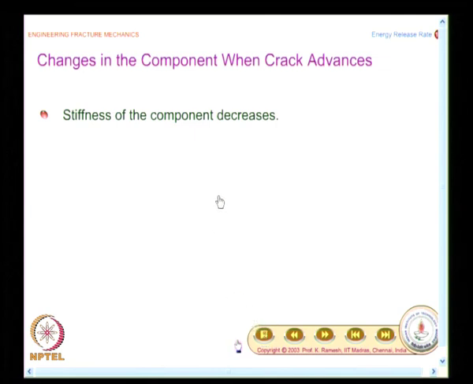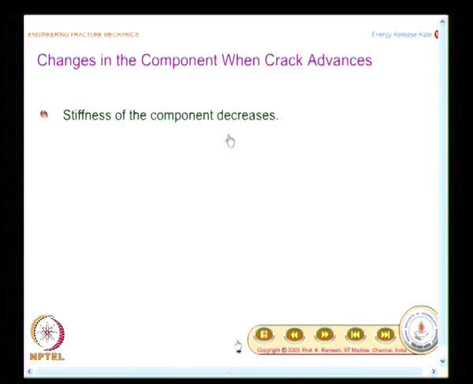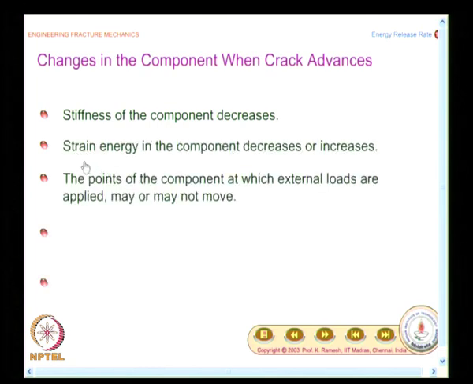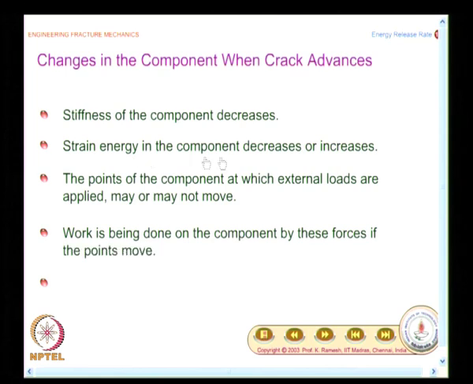Now, what we will look at is what are the changes in the component when crack advances. Stiffness of the component decreases, very easy to visualize. The moment you have a crack, obviously the stiffness will change, there is no dispute in that. We will see the next statement. The next statement says strain energy in the component decreases or increases.